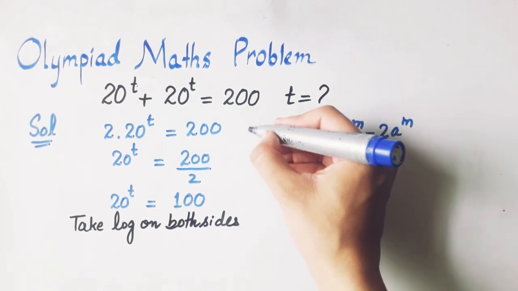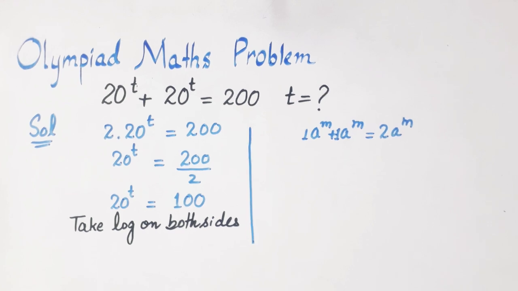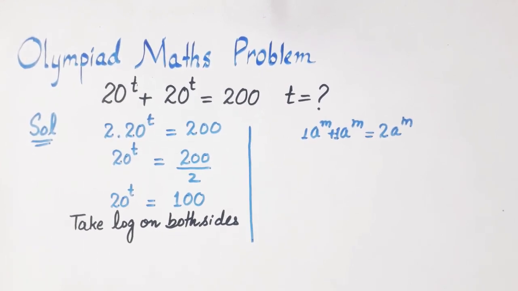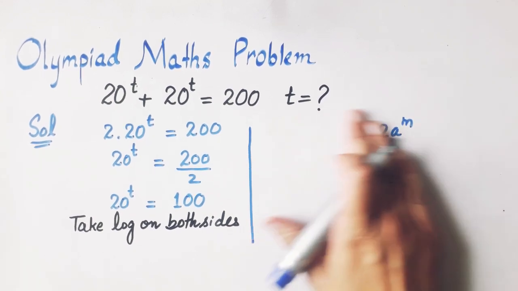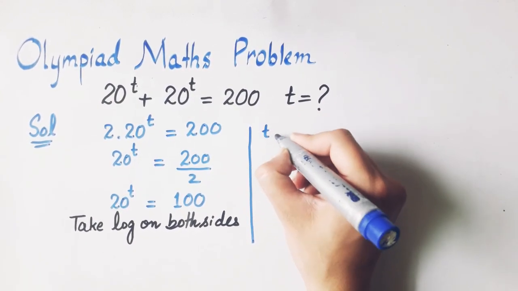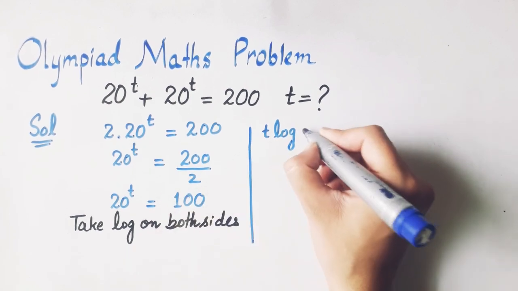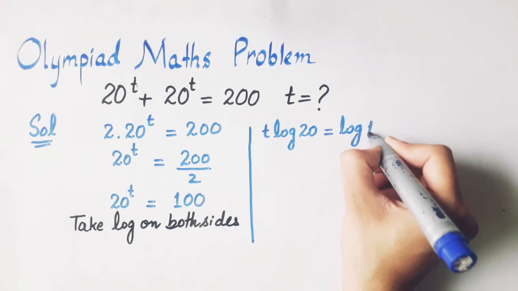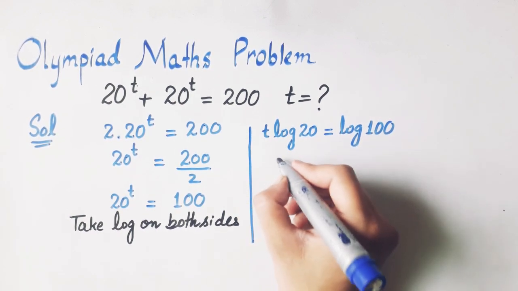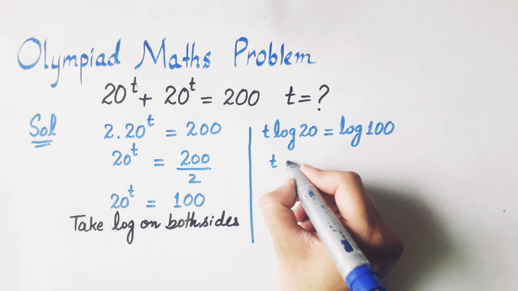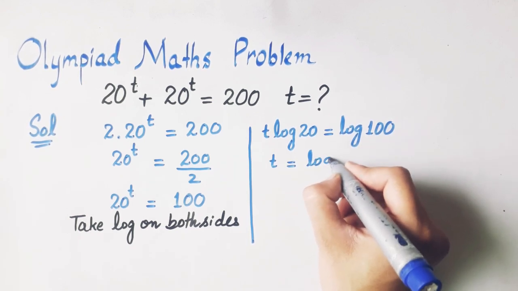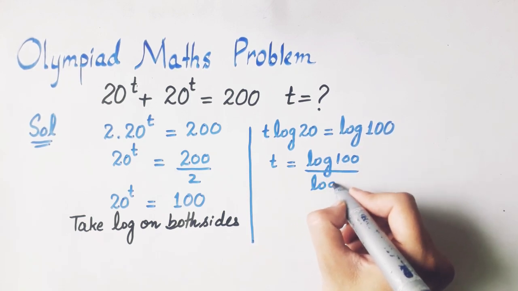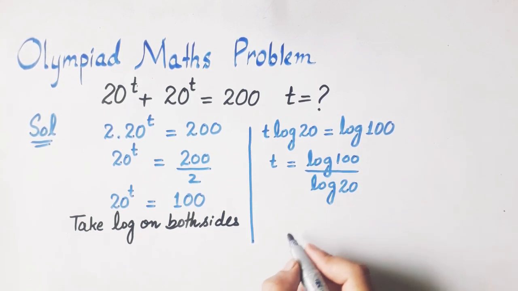We get in the next step that this will equal t log of 20, because the power comes to the front, equals log of 100. Now you have to find the value of t. So this will equal log 100 divided by log of 20.